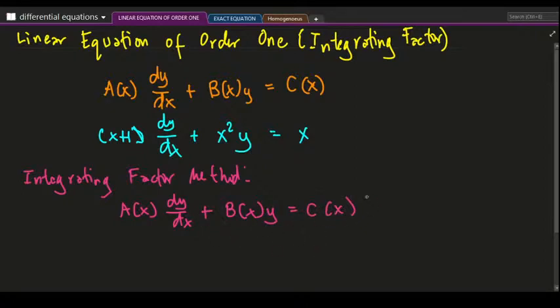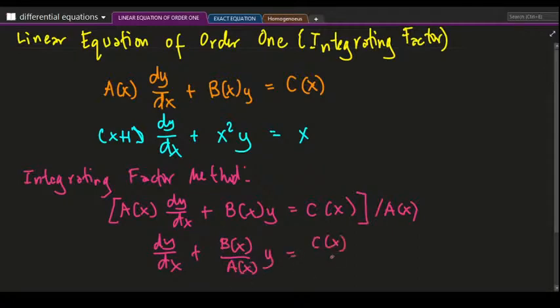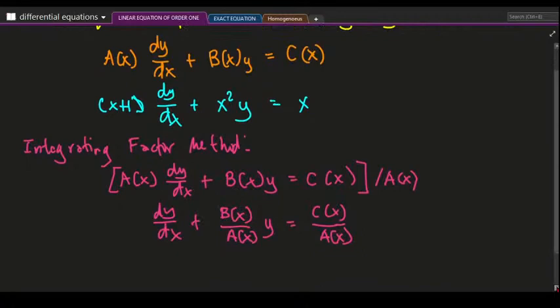Suppose we divide both sides by the coefficient a of x, then we could have dy/dx plus b of x over a of x, y is equal to c of x over a of x. We will just simplify this further.